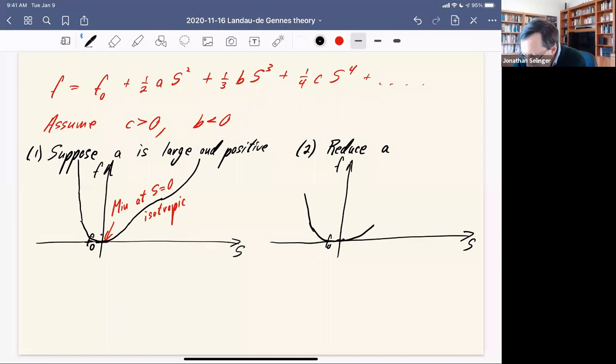Over here, the plot might actually turn around and come down. Then when we get to even larger S, the CS to the fourth term becomes important, and that's positive for both positive and negative S. So it makes the function look something like this.